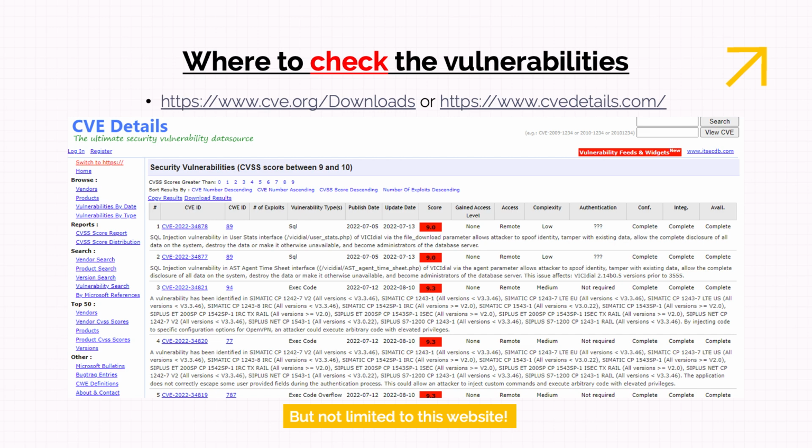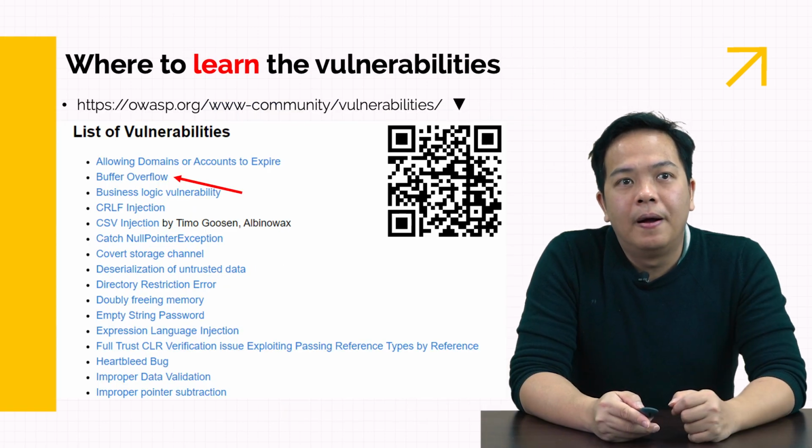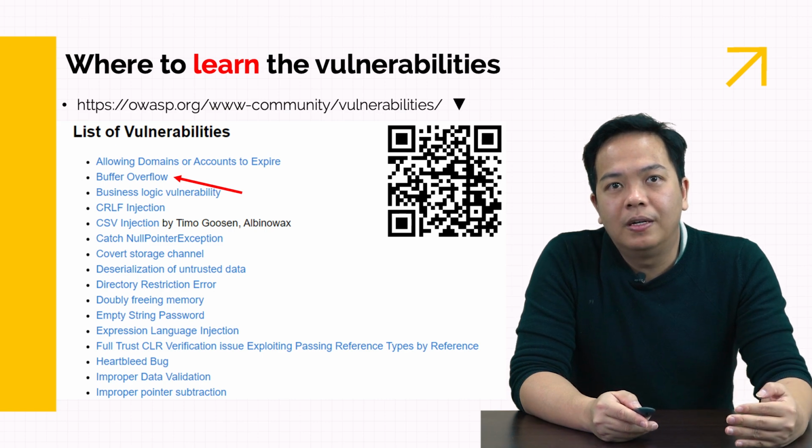If it is 10, it is very high risk, so you can go to cve.org and cvedetails.com. You can see detailed information about software vulnerabilities, and it is important to know how you can launch an attack based on that information. So here you can see another source for vulnerabilities.